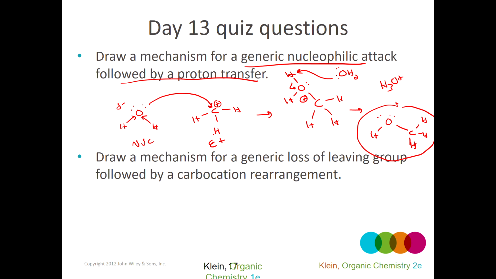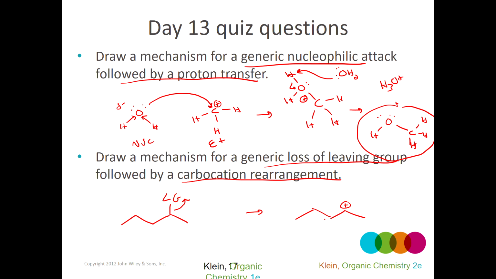If I want to do a loss of a leaving group followed by a carbocation rearrangement, that's a pretty common thing. So I might have some carbon chain, I might have a leaving group attached here. We don't need to worry about the identity of that yet. If this leaving group were to leave, by definition, it has to leave with the electrons. So it would create a carbocation.